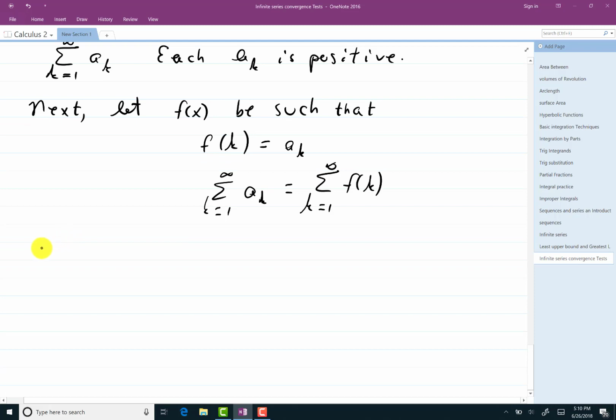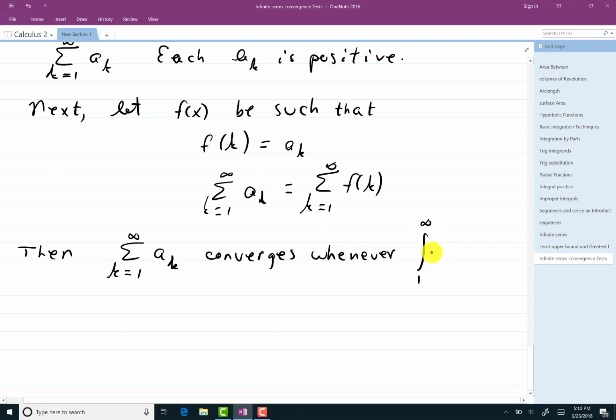Okay, then here's what we have. The summation k equals 1 to infinity of a sub k converges whenever the integral from 1 to infinity of f of x dx converges.